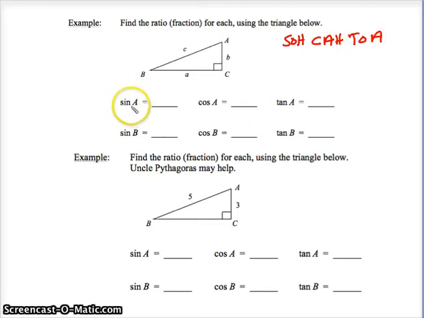If I'm looking for the sine of A, that means I'm standing at angle A. And the sine of A is the opposite side divided by the hypotenuse.